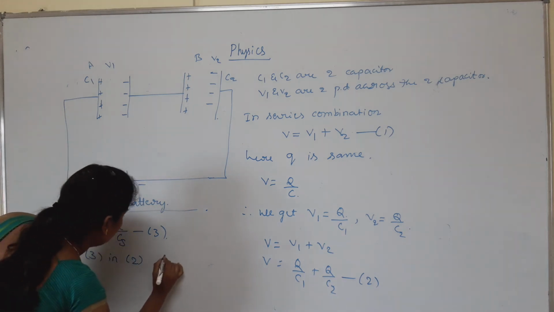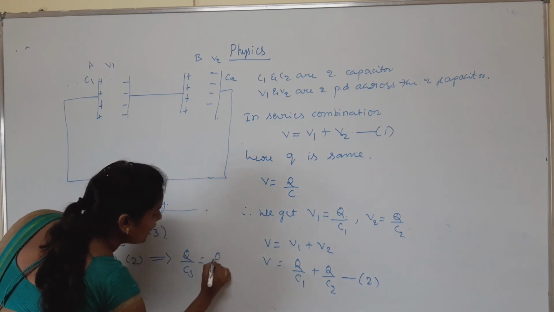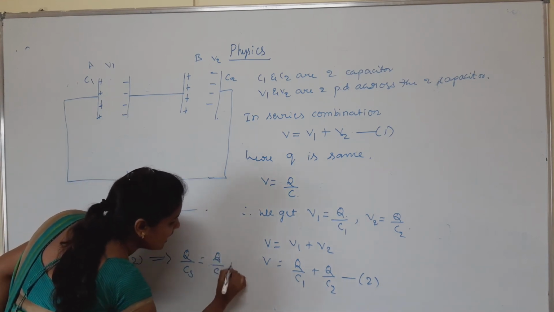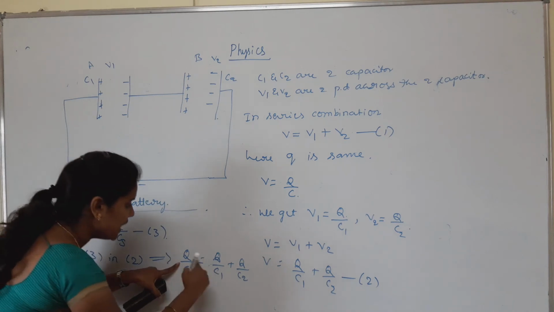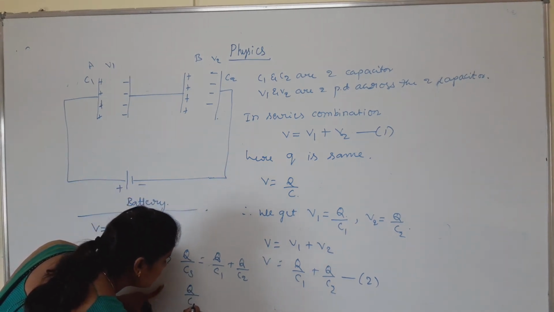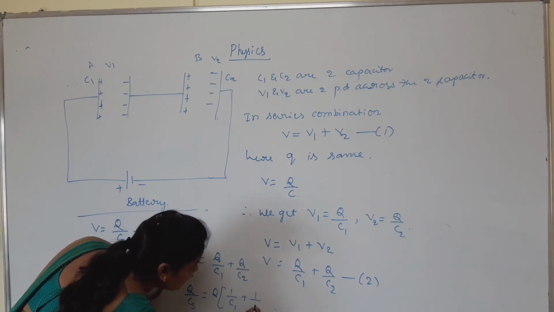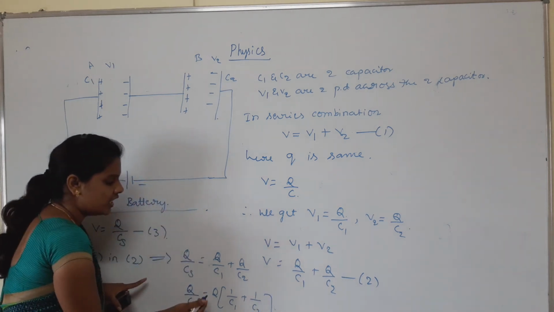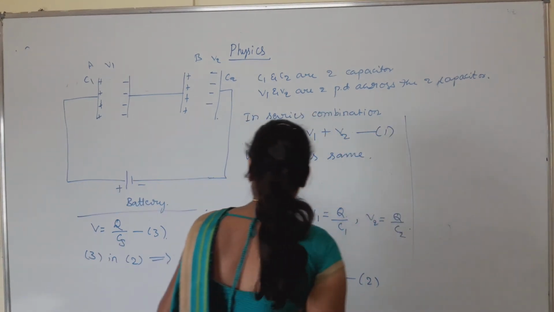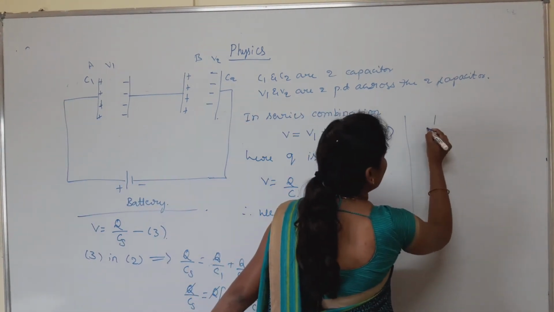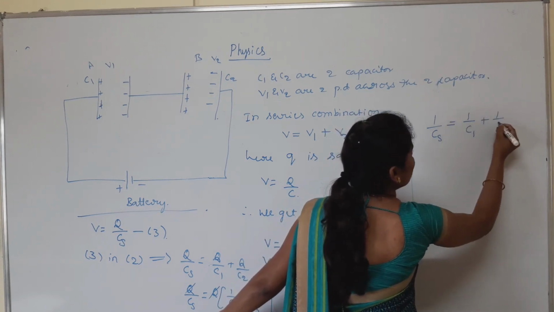We get Q divided by Cs equals Q divided by C1 plus Q divided by C2. Here Q is the common term, so take it outside: Q divided by Cs equals Q times 1 divided by C1 plus 1 divided by C2. On both sides Q is common and gets cancelled. The remaining expression is 1 by Cs equals 1 by C1 plus 1 by C2.